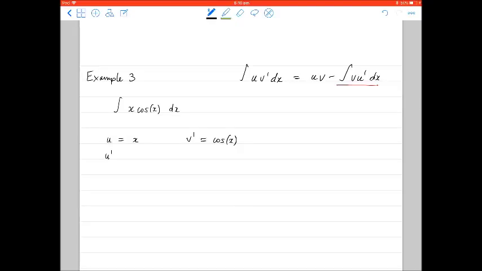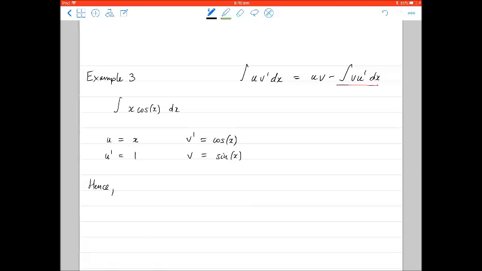I need u dash in my formula, which is equal to 1, and I need v. So v is the integral of v dash, and the integral of cos x is sine of x.